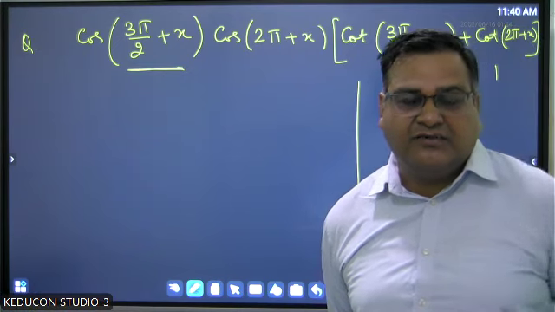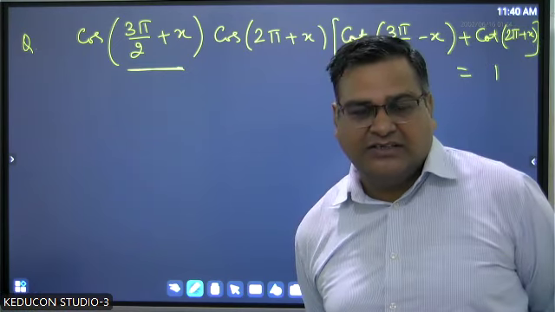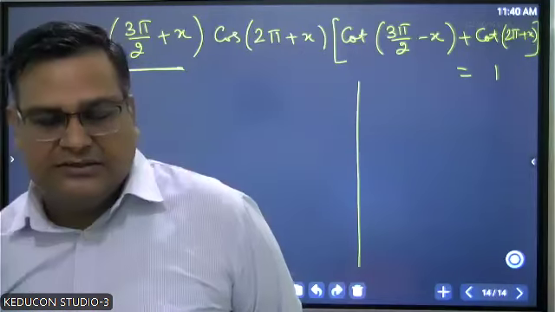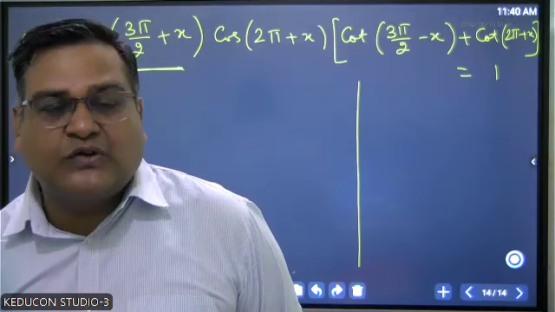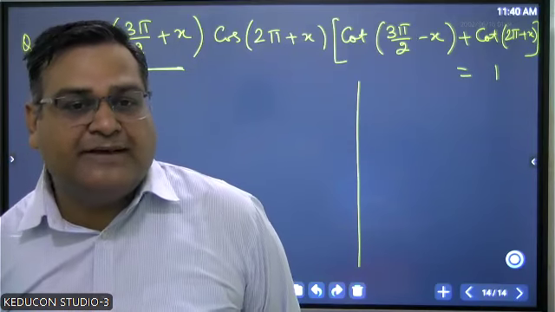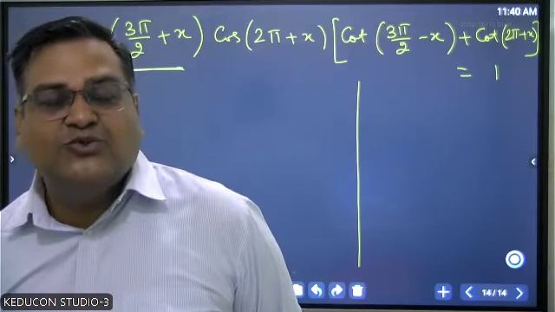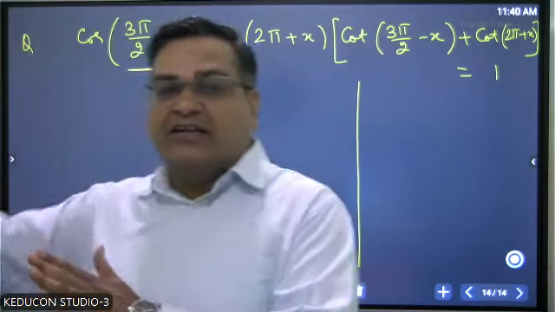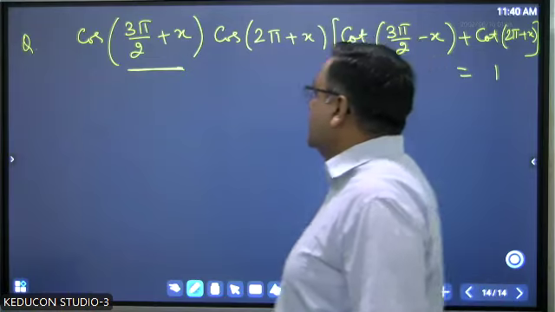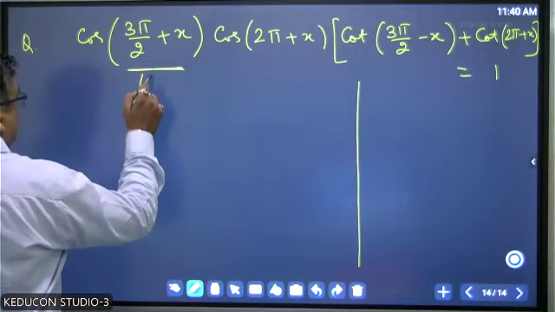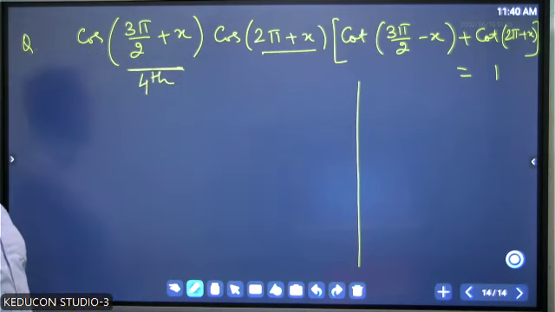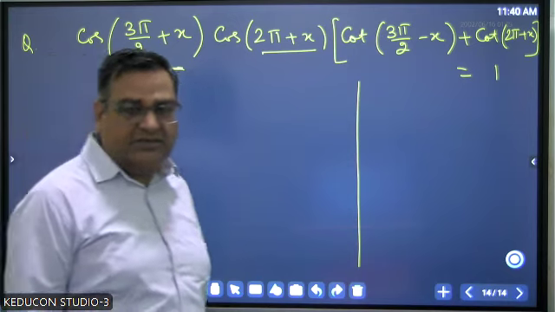Third quadrant, fourth quadrant. Okay. Anyone else? Anyone with first or second quadrant? It will lie in the fourth quadrant, students. 3 pi by 2 is 270 degree. 270 plus x, you are adding something. So that means it is moving into the fourth quadrant. 2 pi plus x, which quadrant will this be in? Third quadrant.